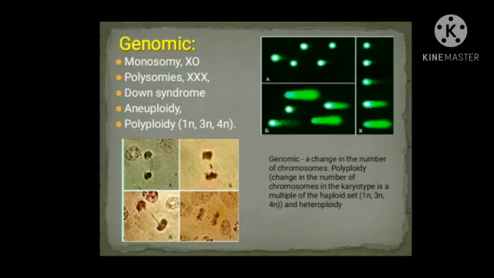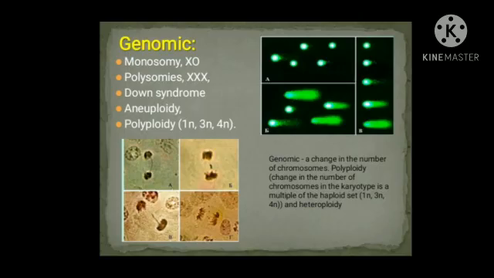And the next type of genomic examples is aneuploidy and polyploidy, when we speak about a karyotype with haploid, triploid or tetraploid disorders.